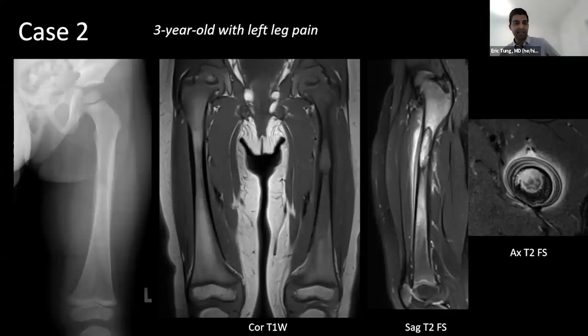Let's take a look at this next case. This is a 3-year-old with leg pain. I'll keep the images up for a moment, and then we'll go to the question.